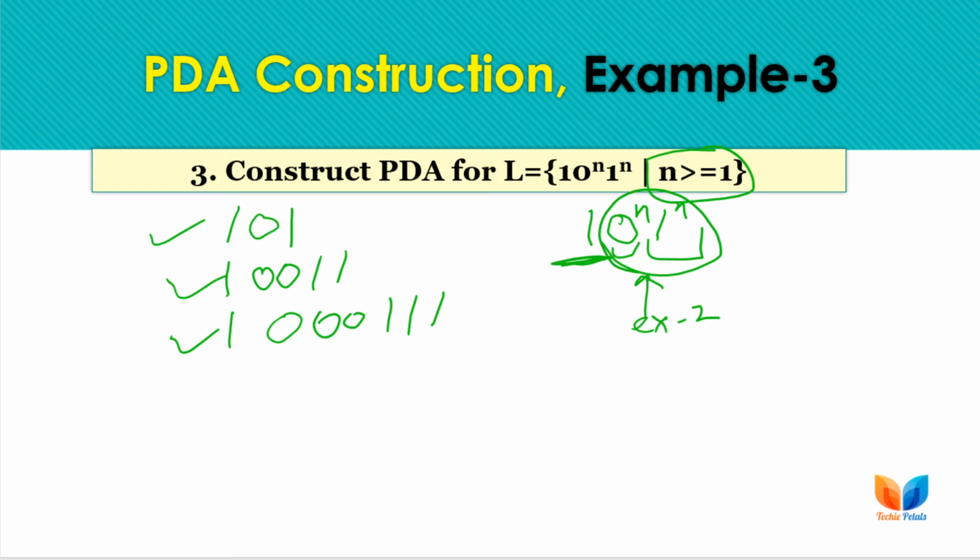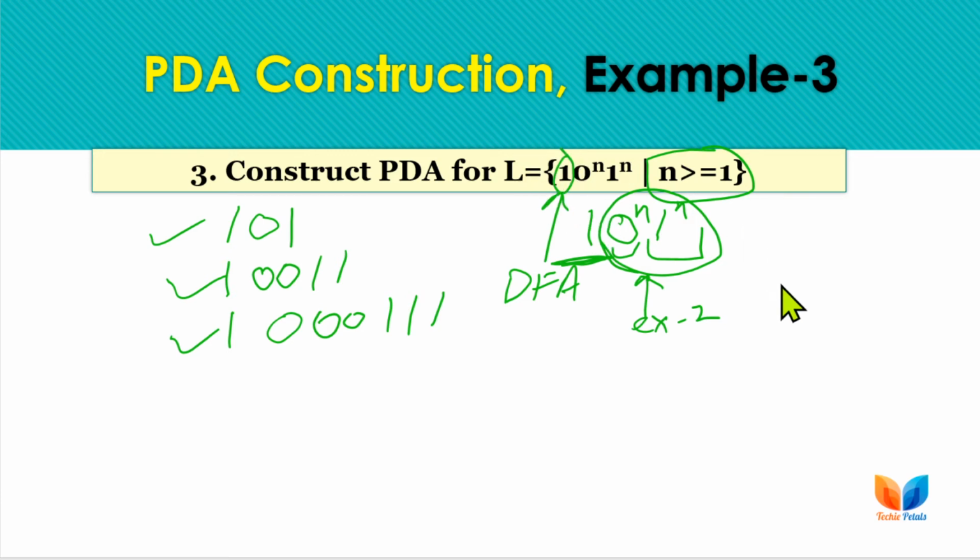Now, do we need to push this first 1 onto the stack? No, because this concept is exactly similar to the DFA's concept. We just need to accept that the string must start with a 1, then it must have n 0s followed by n 1s. We need not match this 1 with any other symbol, so we need not push it onto the stack.